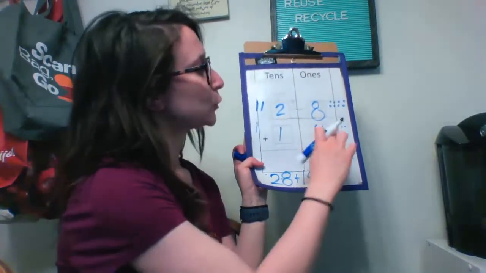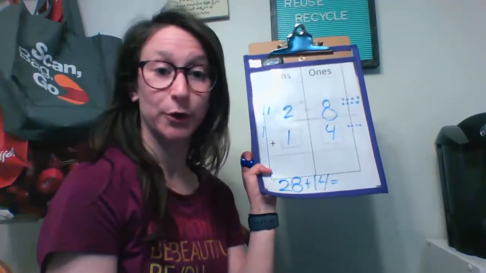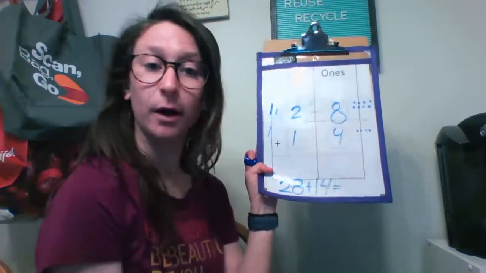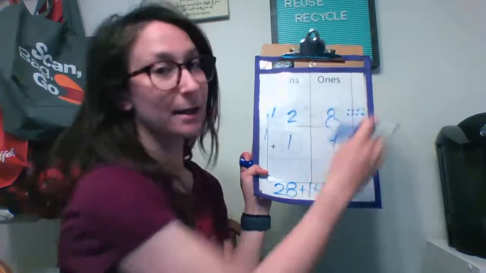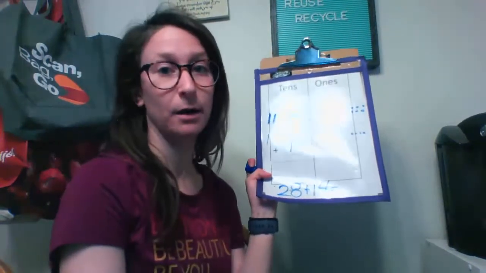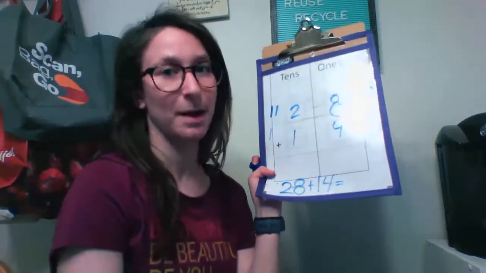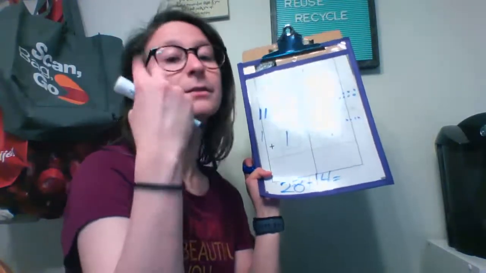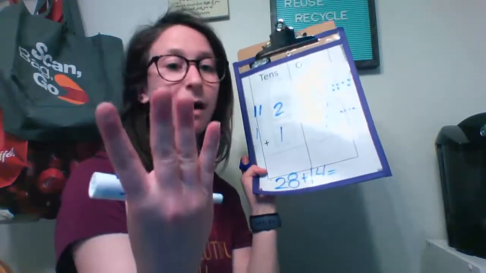All right. So there are two ways that you can start with your ones place. You can add normally our add-ins, 8 plus 4, or you could count our dots. Both would give you the same number, but for me, I like to count in my brain and count on. So 8, 9, 10, 11, 12.